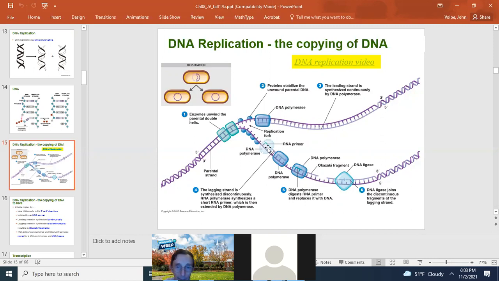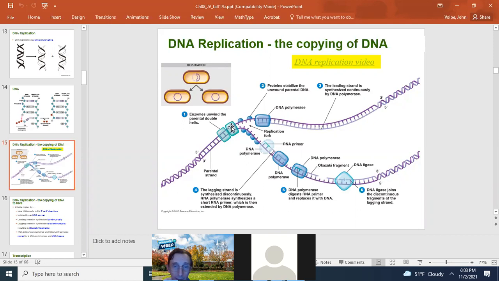On the lagging strand, the DNA polymerase has to go this way, and yet the helicase is going that way. So what you do is you build this one in short segments called Okazaki fragments. And it requires, obviously, many Okazaki fragments. What else do I want to say?